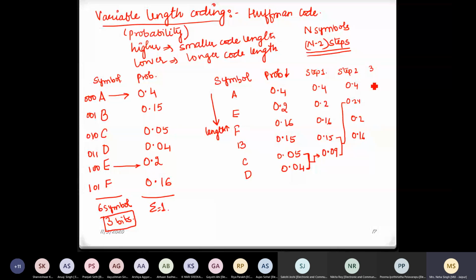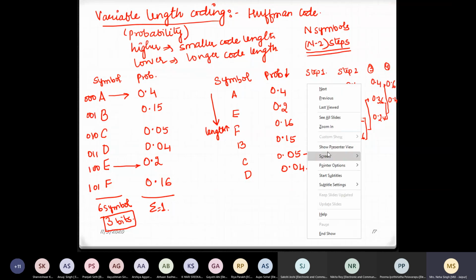In step 3, I add the last two, which gives me 0.36. So the new arrangement would be 0.4, 0.36 and 0.24. And lastly I get 0.6. So in step 4 I'll get 0.6 followed by 0.4, where 0.6 is achieved using the summation of these two. So I completed 4 steps: I had 6 symbols, so I completed 4 steps.